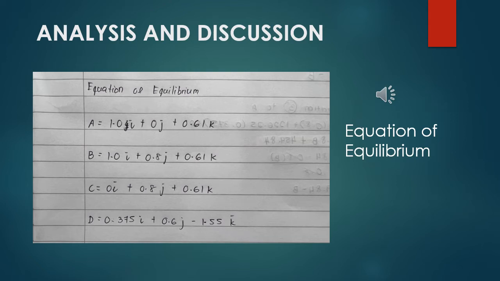Continuing, B is 1.0i plus 0.8j plus 0.61k, and C is 0i plus 0.8j plus 0.61k, and finally D is 0.375i plus 0.6j minus 1.55k, and the 1.55k represents the height of the cooling tower.